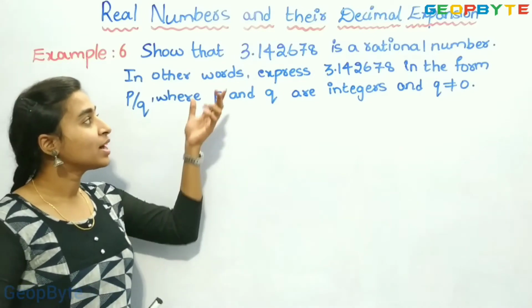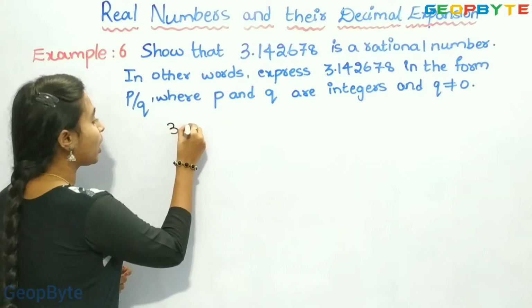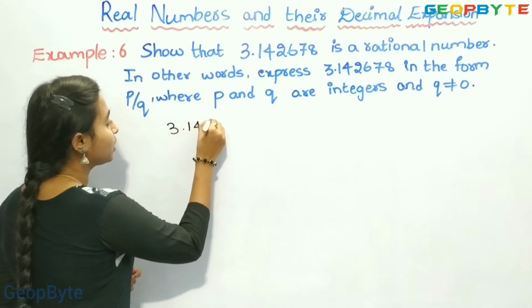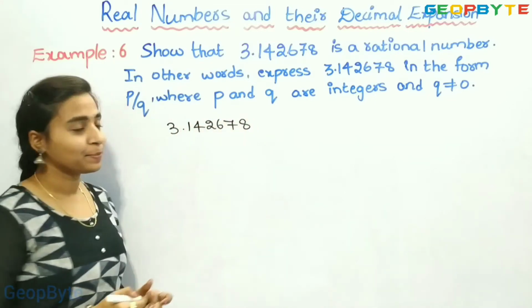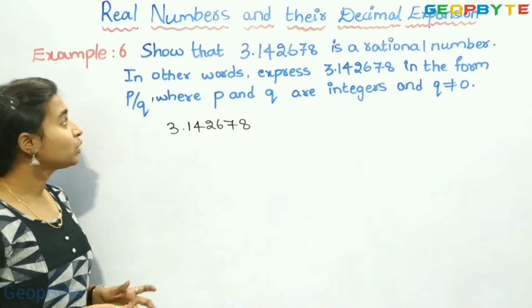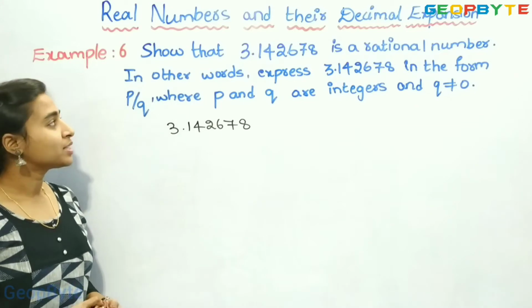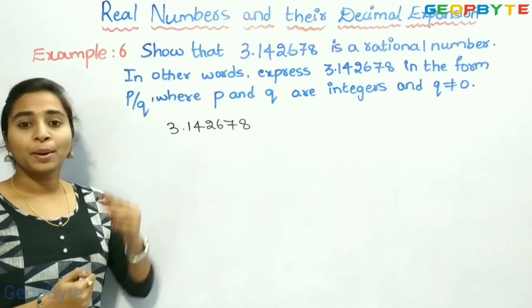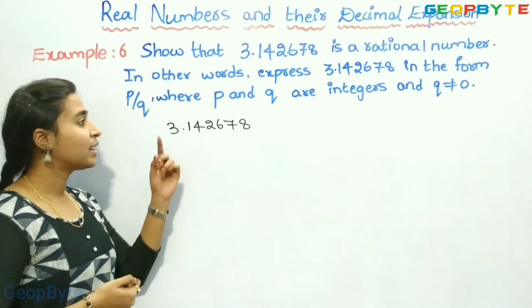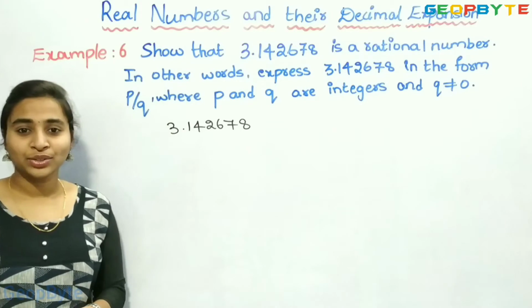See, we have a decimal number, that is 3.142678. Now, we need to convert this number into a rational number. See, rational number means it should be written in the form of P by Q, where P and Q are integers and Q not equal to 0.